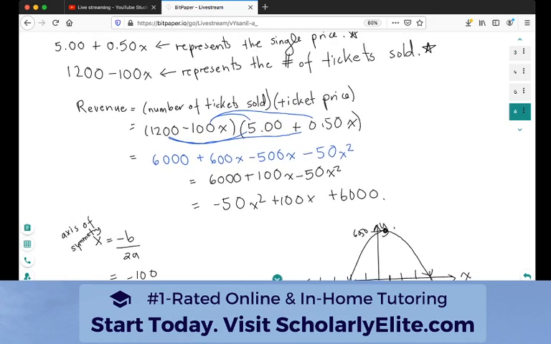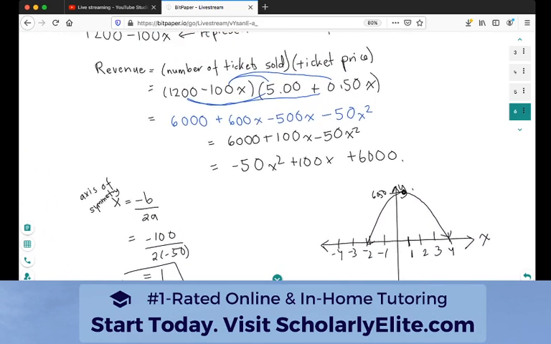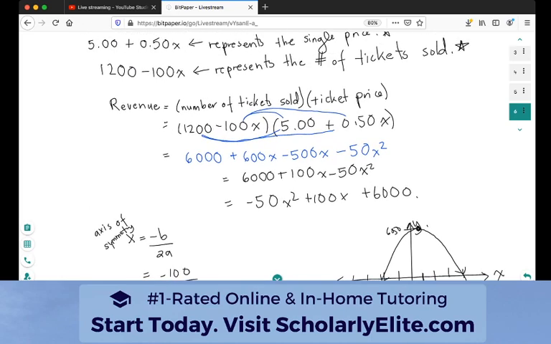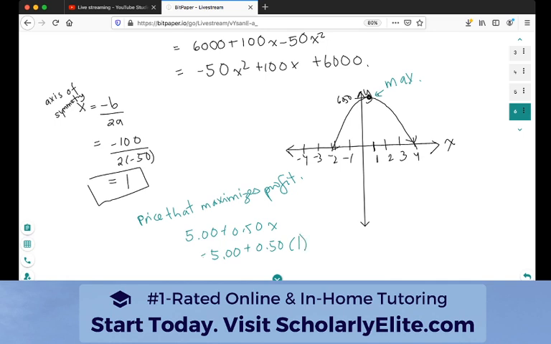If we come back up here and we say that the price is represented by the equation $5 plus 50 cents times x, and I know that the maximum profit occurs when we increase the price by 50 cents one time, because that's the answer we got as the x value of the vertex, which tells us where the maximum is, then I can just write price that maximizes profit, and that would be $5 plus 0.5x, which becomes $5 plus 0.50 times 1, and that means that the maximized profit price is $5.50.